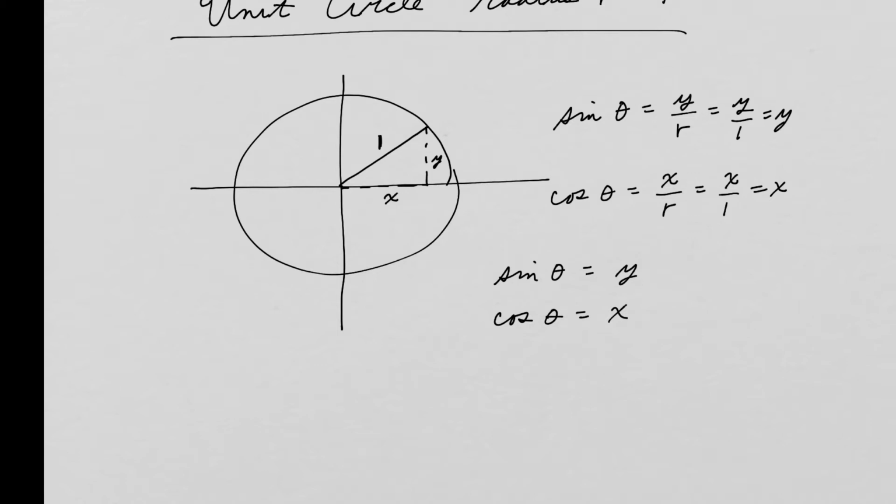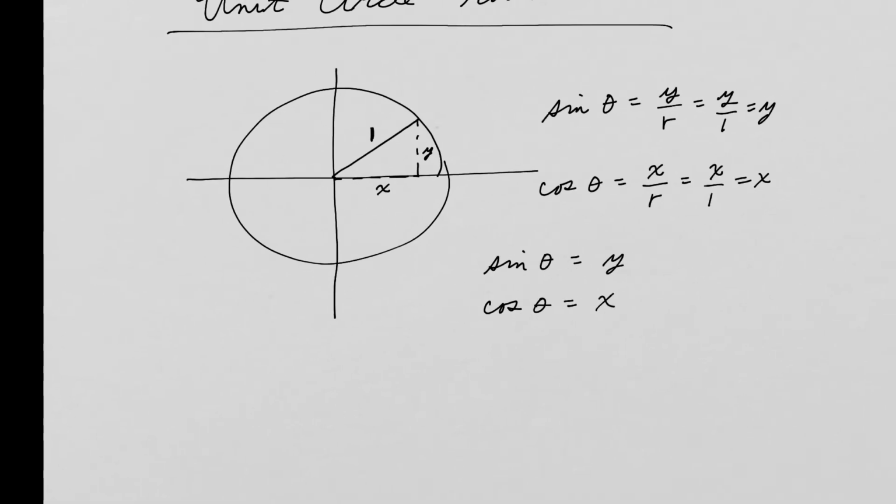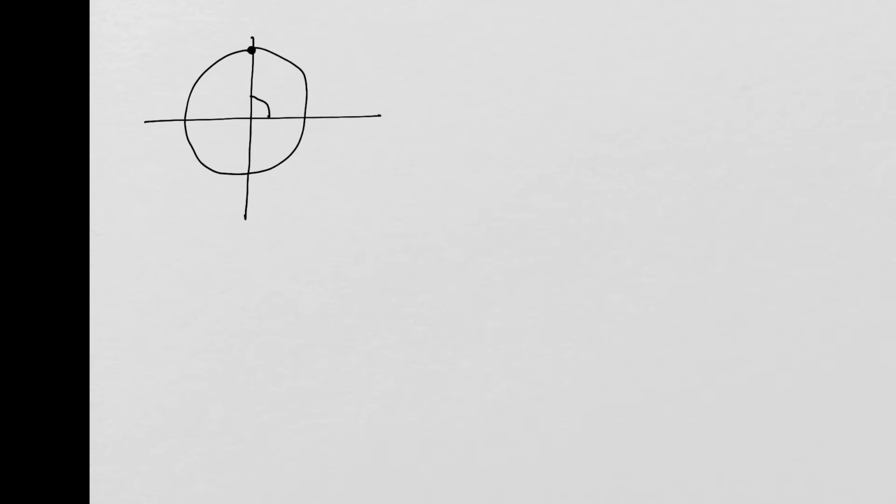Let's first look at some special angles. Let's say we have a 90-degree angle. That would be like this, so this is the point. This is 90 degrees.